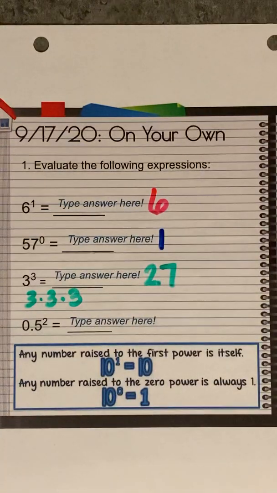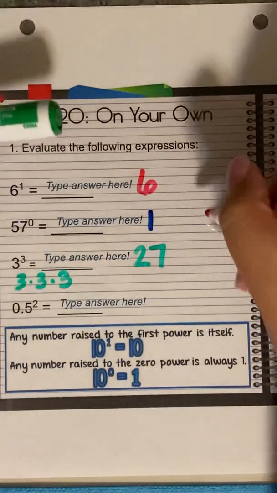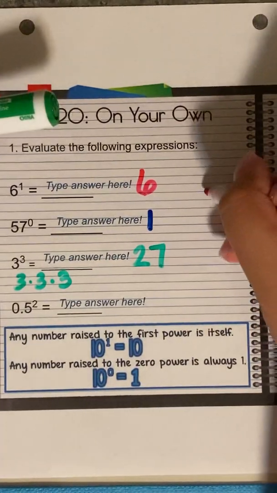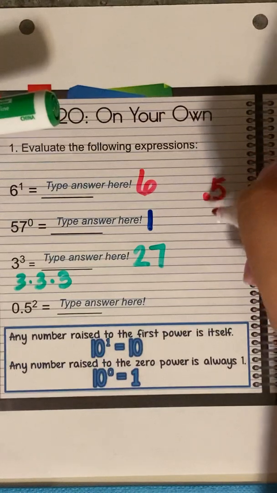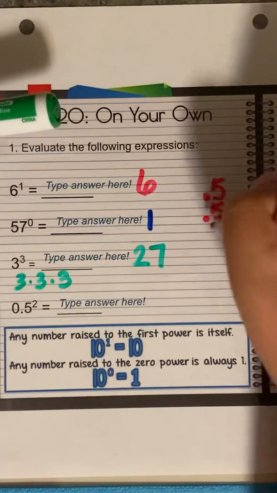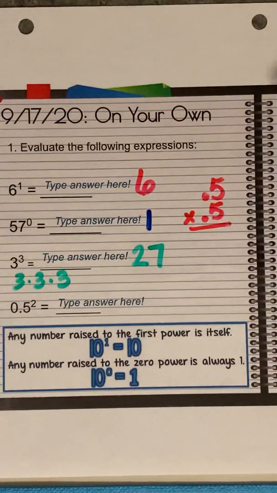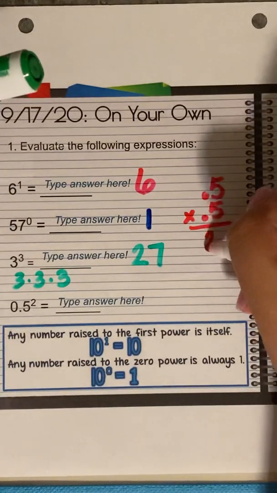Now, how about 5/10 squared, or 0.5 squared? So we're going to do 0.5 times 0.5. I'll do that over here. This is perfect. So you can put the 0, or you don't have to. Now, when we are multiplying decimals, you do not need to line them up. However, in this case, it's happening, and that's okay. So what is 5 times 5? Oh, yeah, that's 25.